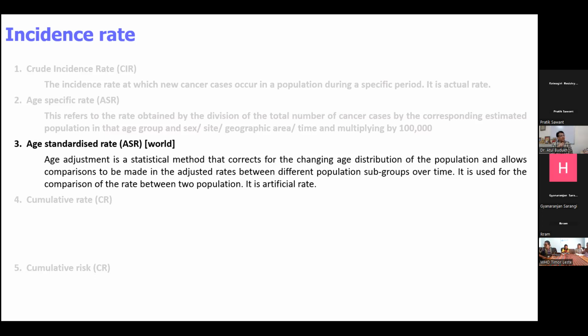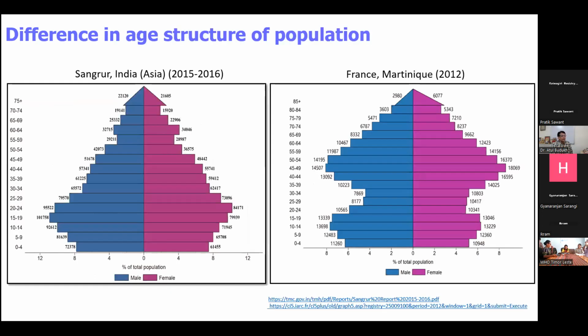It is used for the comparison between two populations. In statistical terms, we call it an artificial rate. So it looks quite difficult. When you want to compare one registry rate with another registry rate, we have to use the age standardized rate, which is also called age adjusted rate, for comparison purposes.